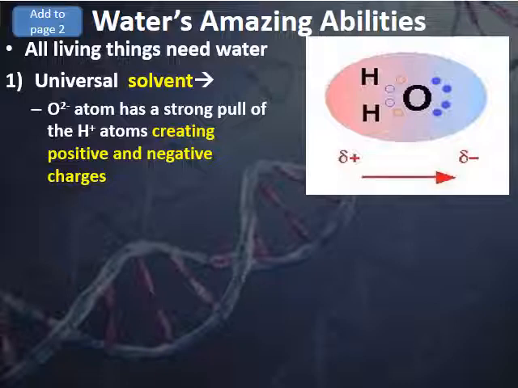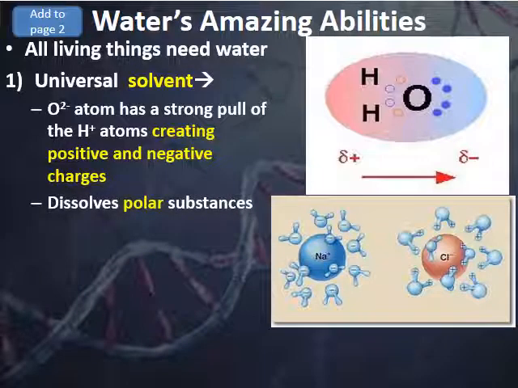Because of these positive and negative charges, water can pull on things that have positive and negative charges and help break them up inside a solution. So we say that water is a polar molecule, polar meaning that it is charged, and because it's charged, it can break apart or dissolve polar substances.